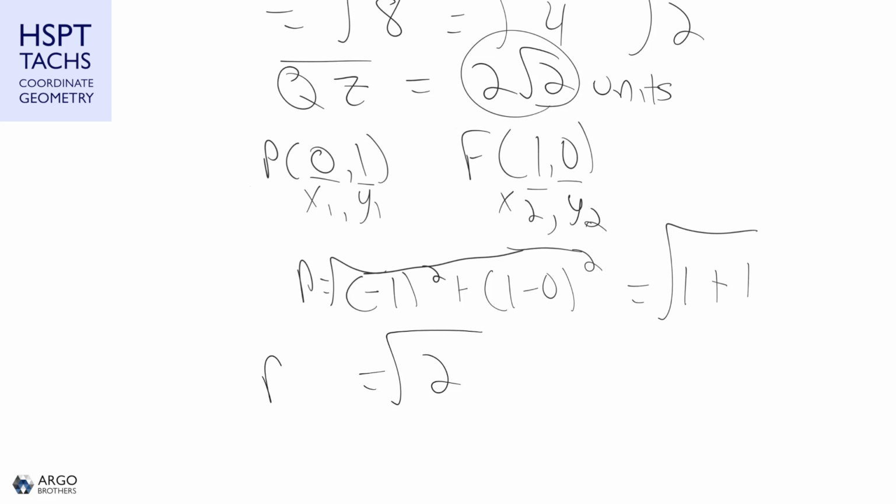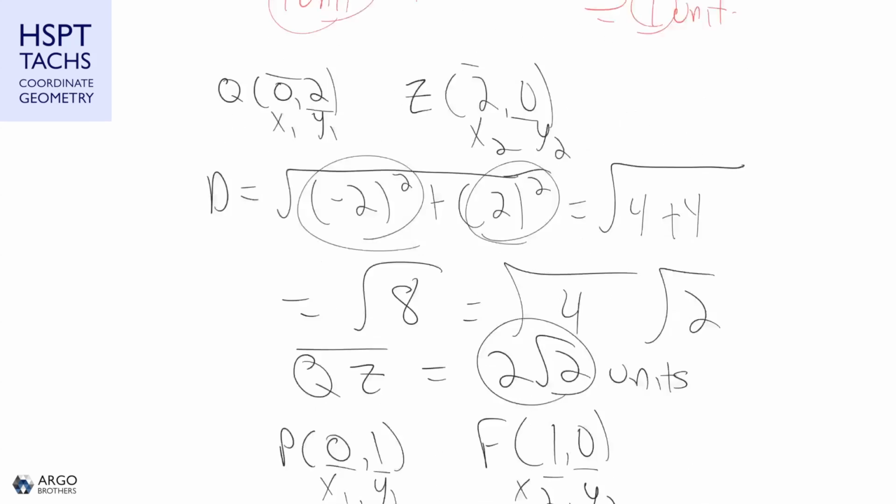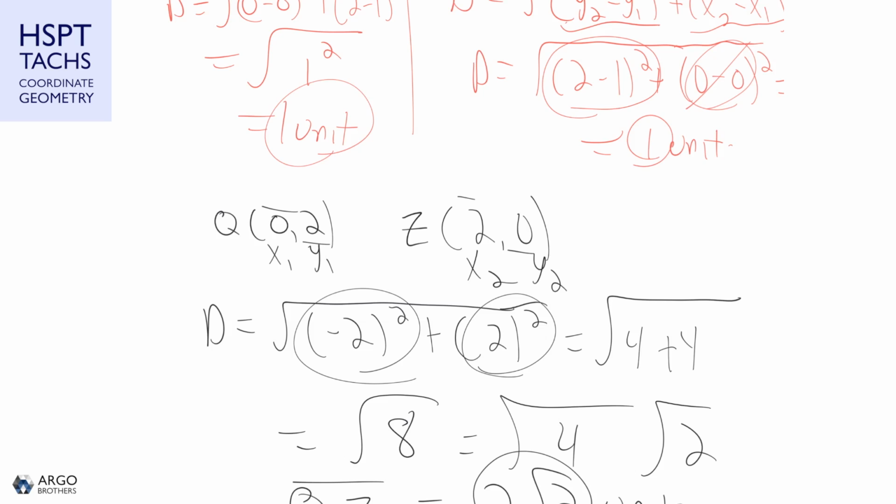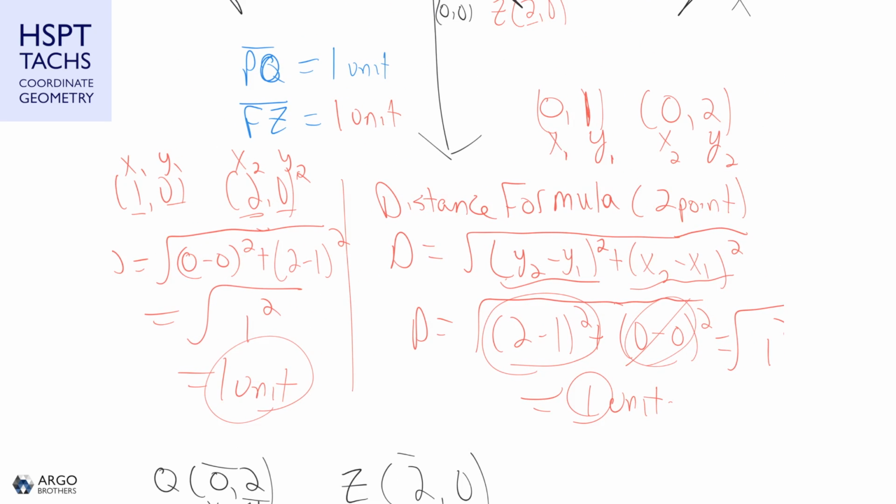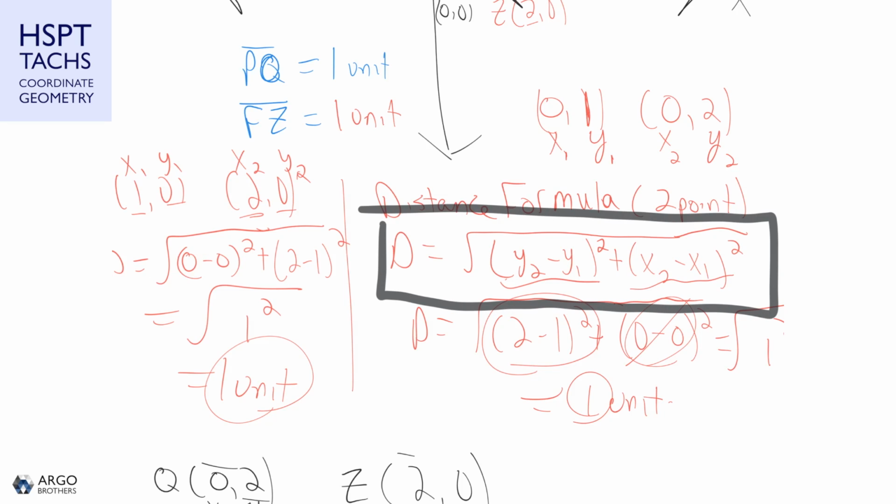So the distance PF is the square root of 2. And really all you're doing is plugging into this distance formula, which you should write down and memorize. So I'll box that again. That is right over here. So here we go. This is the distance formula. All right, so don't forget that.